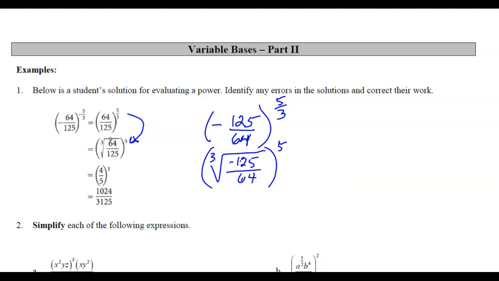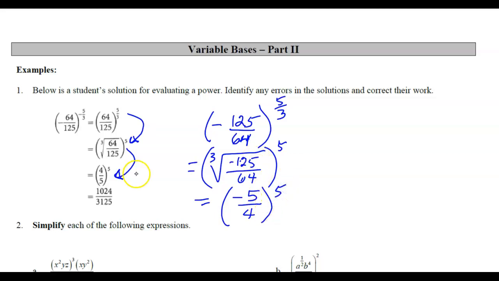What's the third root of 64? 4. Yep, so they did that. What's the third root of 125? 5. So they did that correctly. For us, though, the correct answer, we need to have it to be negative 5 over 4, right? We're just following through to see if they made any more mistakes, carry through errors, you might call it. So here, that's what it should be.